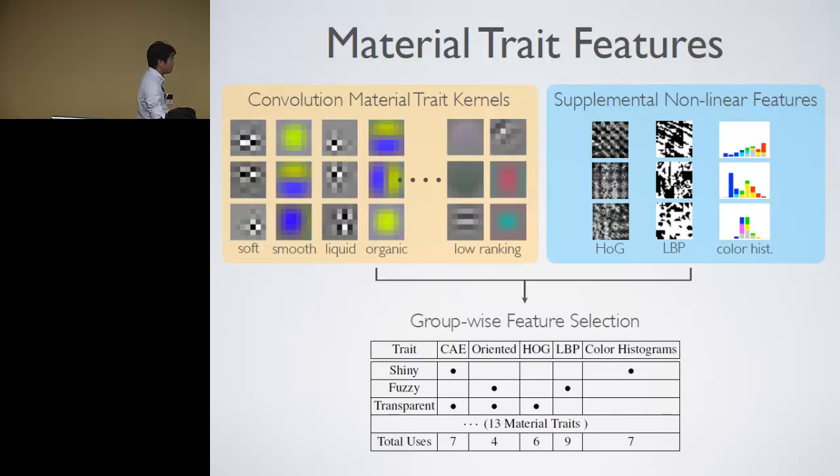And for some of them, for fuzzy, for instance, we actually separate the unsupervised one into oriented and non-oriented. For some of them, it's not in this list, but it makes more sense to check for, like, man-made is often characterized by the surface markings, which are better characterized by, for instance, HOG, than just looking at the texture with these unsupervised features.